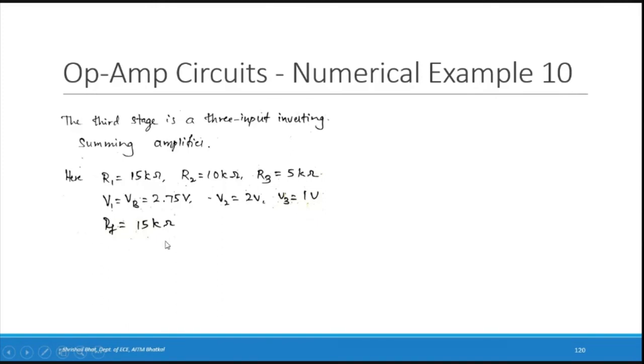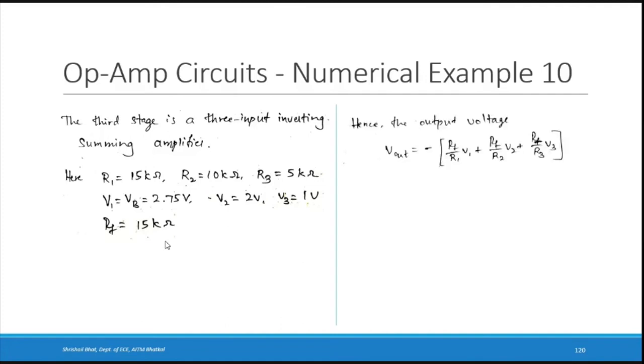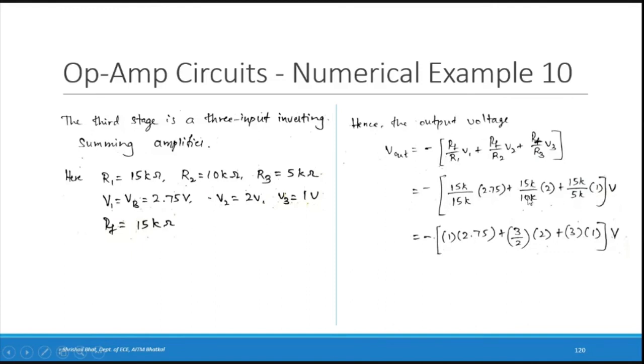Just substitute these in the equation for the output of a 3-input inverting summing amplifier, that is Vout is minus of RF by R1 into V1 plus RF by R2 into V2 plus RF by R3 into V3. What do you get there? RF is 15K, R1 is 15K, R2 is 10K, R3 is 5K. 15 by 15 is 1 into 2.75 plus 15 by 10 is 3 by 2 into 2 plus 15 by 5 is 3 into 1.